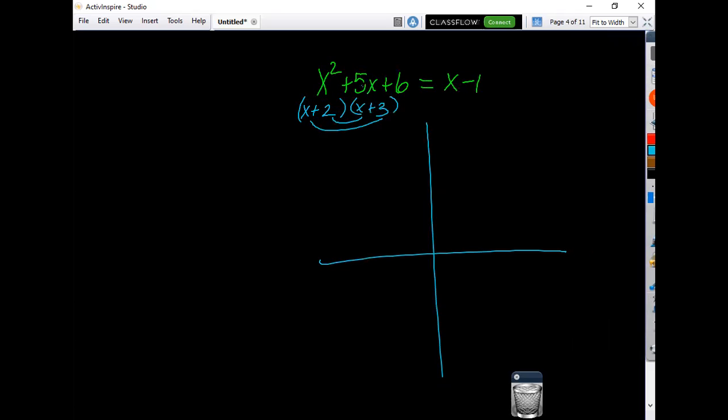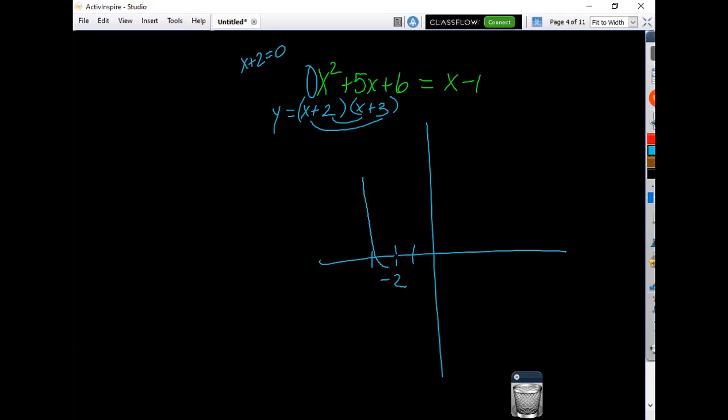But for your x-intercepts, that's when these equal 0, because it's like y. So when does x plus 2 equal 0? That would be your negative 2. When does x plus 3 equal 0? That would be at negative 3. And it's a parabola opening up, because the coefficient on the x squared is positive.